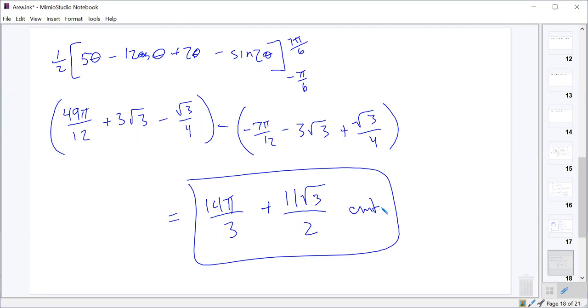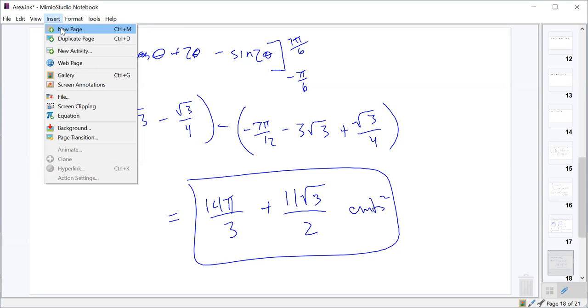And just for you, Darius, units squared. Good or no? Any questions or issues with that?